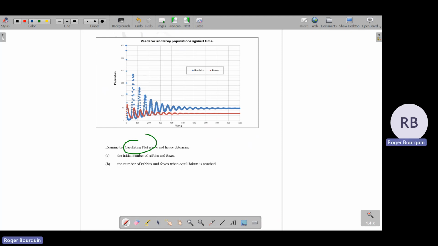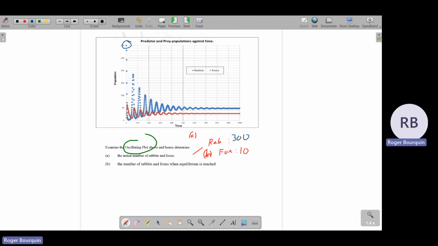So initial numbers are going to be on the left axis. The foxes are in red. So the initial number of foxes looks about 10, and rabbits is over here. That's your initial number of rabbits, which is the same as the last question.